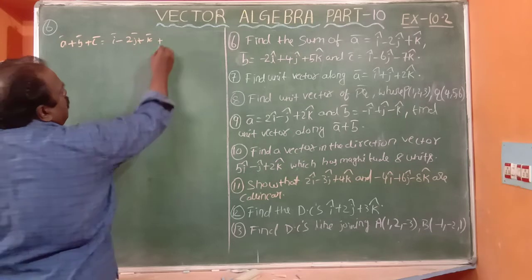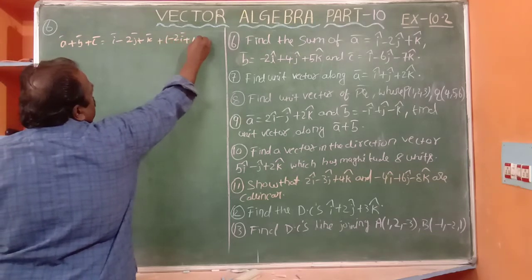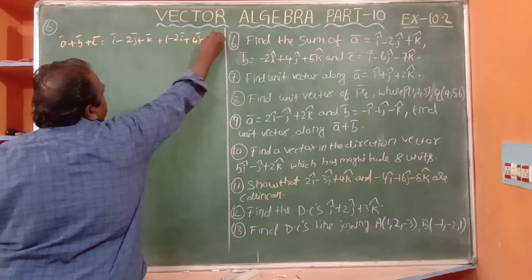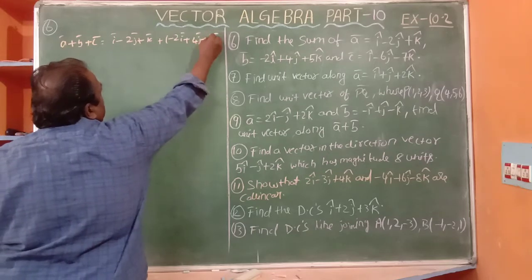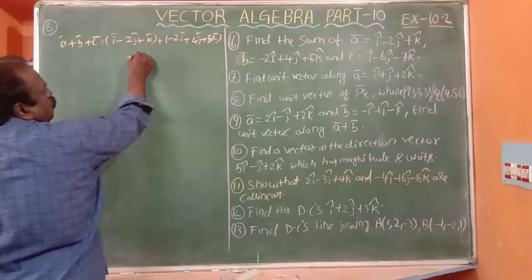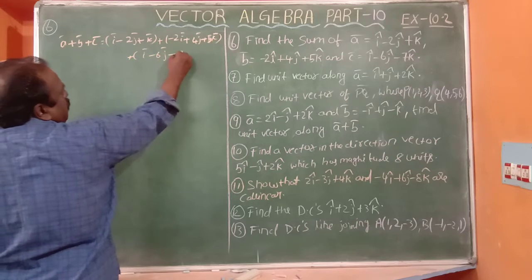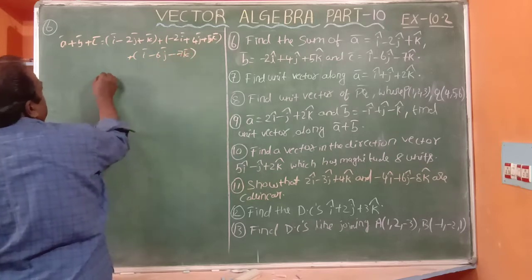Plus what is B bar? Minus 2i plus 4j plus 5k. Plus C bar is i minus 6j minus 7k. Okay?